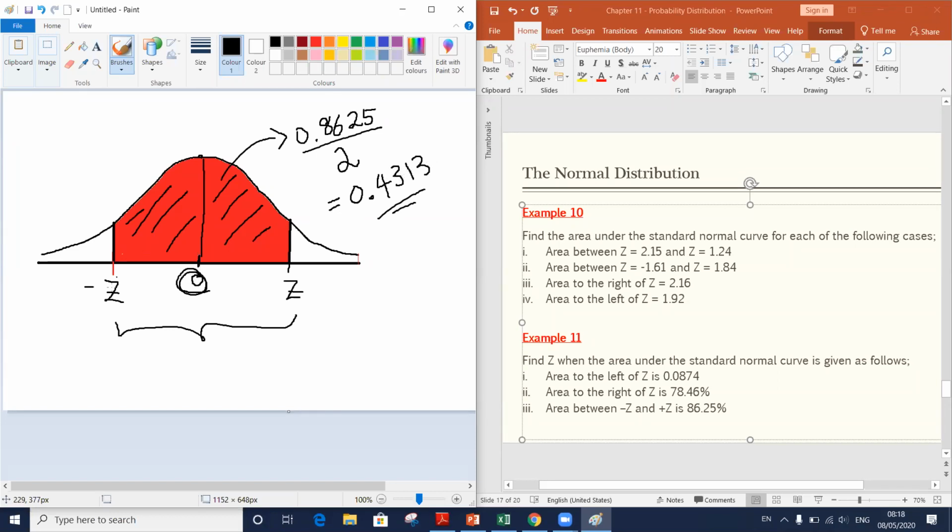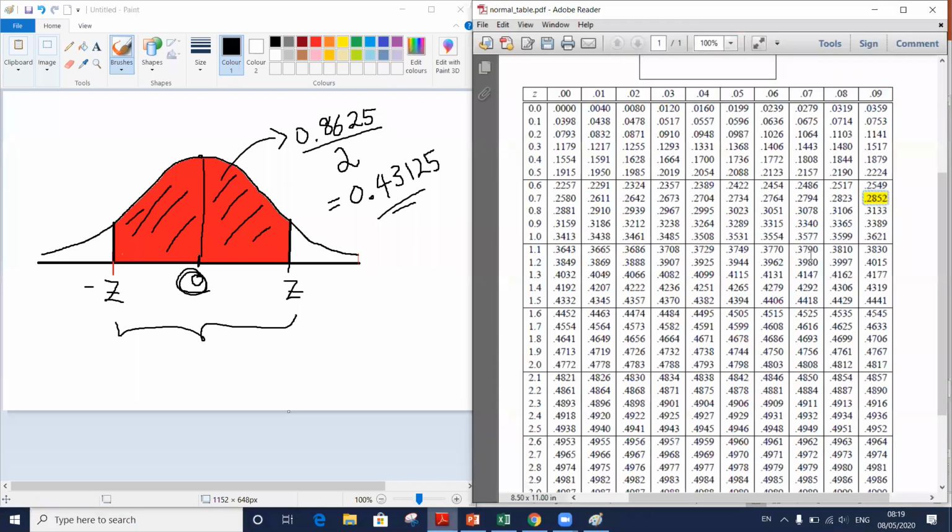From 0 to minus z, the probability value is also 0.43125. By combining these two, finally we have got 0.8625. Now from point 0, we can find using the z table.